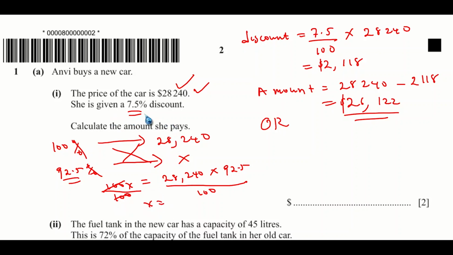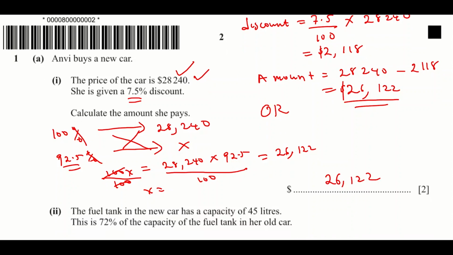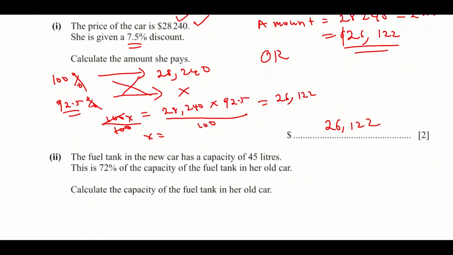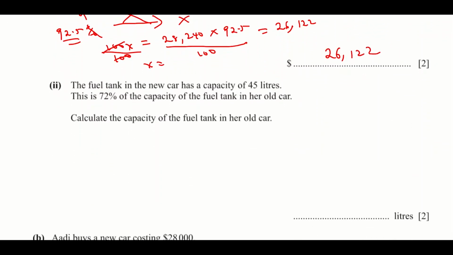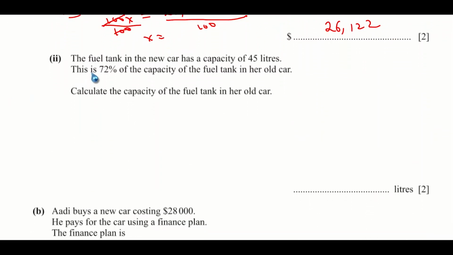If you divide the numerator by the denominator, you should get the same answer, which is $26,122. You can use any of these methods.